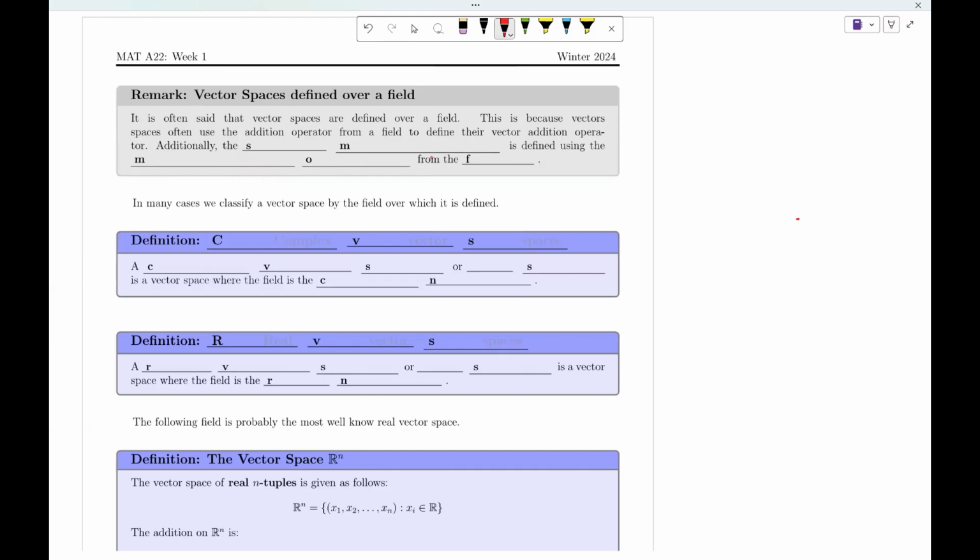It's often said that vector spaces are defined over a field. This is because vector spaces often use the addition operator from the field to define their vector addition operator.